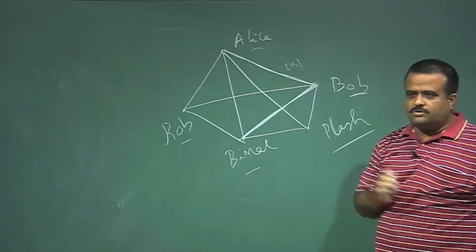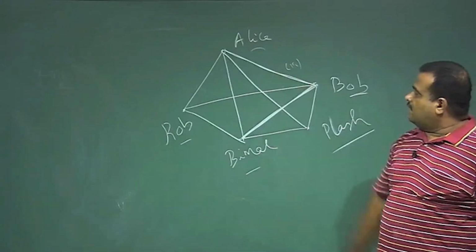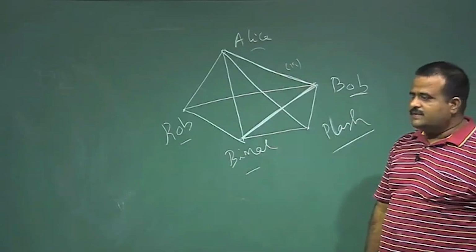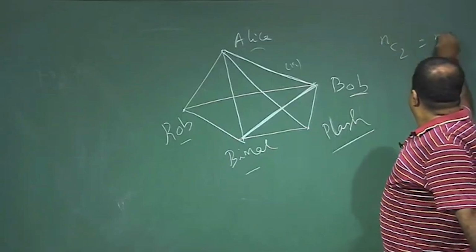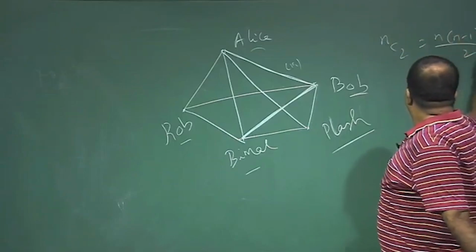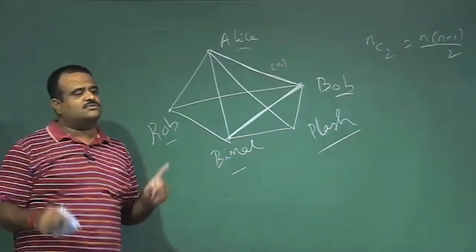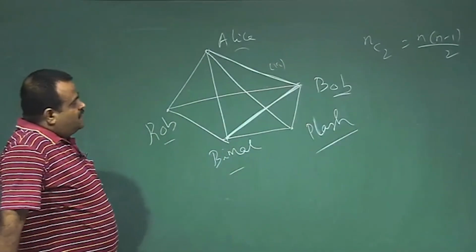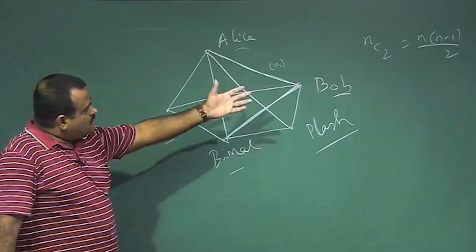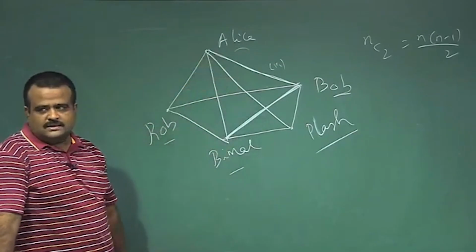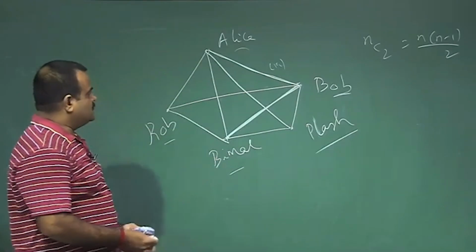So we have to use a different key for all these edges. That means we need nC2 keys, a secret key for each edge. That is the drawback, because we have to maintain this many symmetric keys.